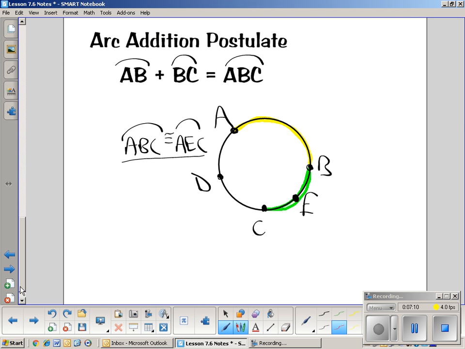The angle, I'm sorry, you've done before angle addition and segment addition, and now we're talking about arc addition. And so simply saying if they're adjacent arcs, so they're not overlapping, they share a common endpoint, we can add those two arcs together to get the bigger arc. Okay?